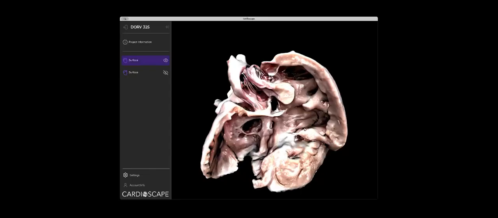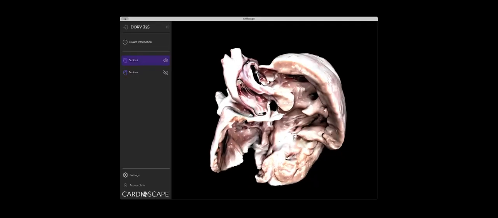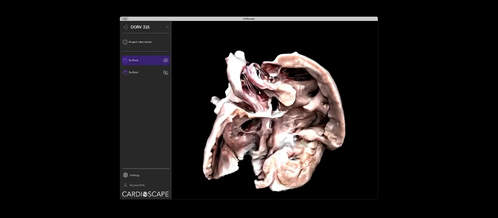Now, what is striking right off the get-go is that both arterial trunks appear to arise from this morphologic right ventricle. So here's one arterial root, and then here's another arterial root. And so we do appear to also be dealing then with double outlet right ventricle.